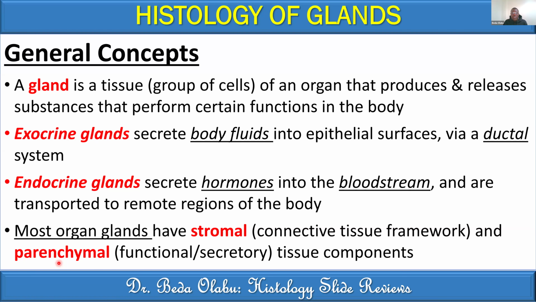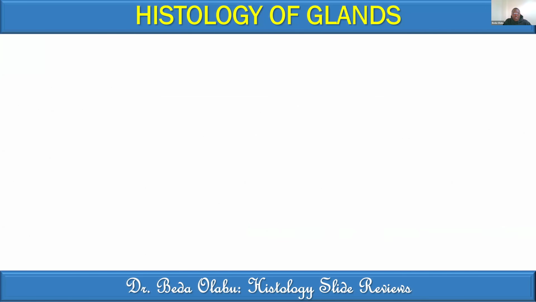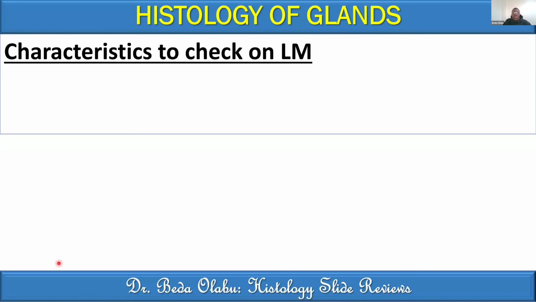For endocrine glands, because they don't have a ductal system, it will just consist of the secretory cells. So generally, this is how we describe glands.